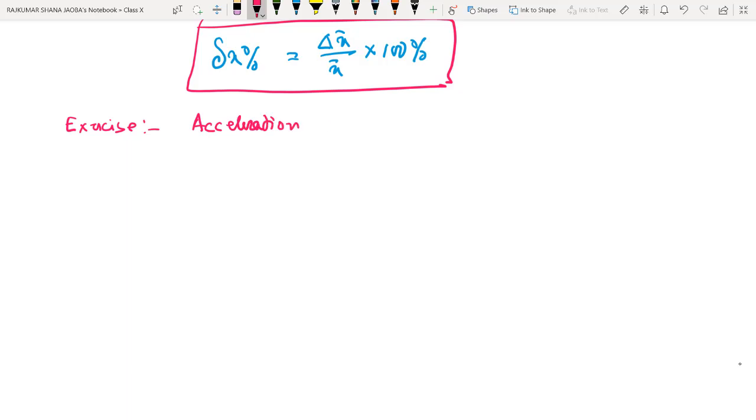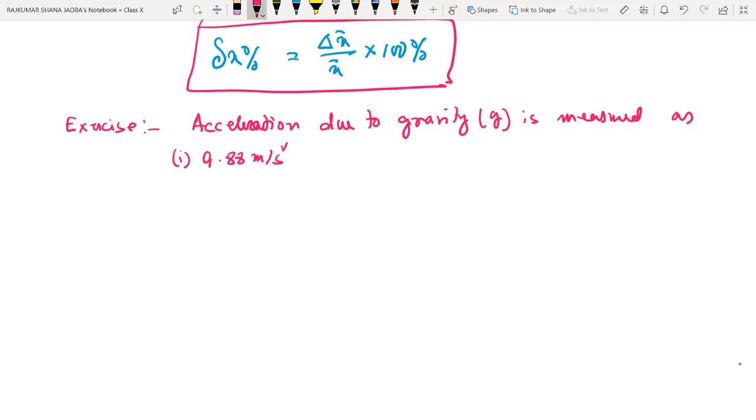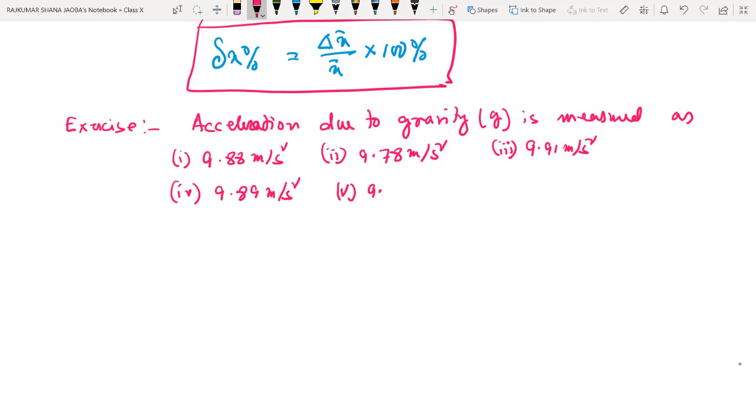Acceleration due to gravity g is measured as 9.88 meter per second square, 9.78 meter per second square, 9.91 meter per second square, 9.89 meter per second square, and 9.77 meter per second square respectively.